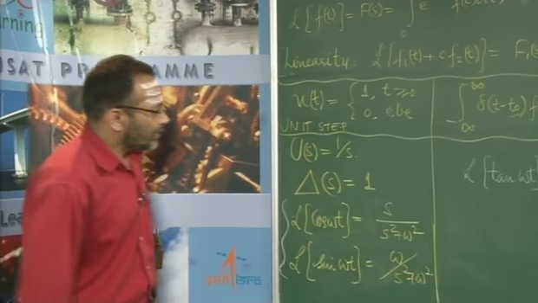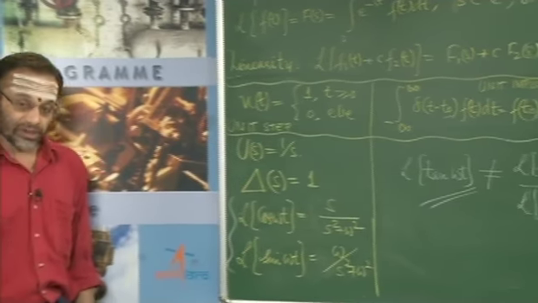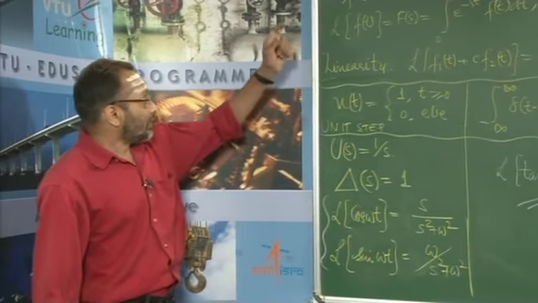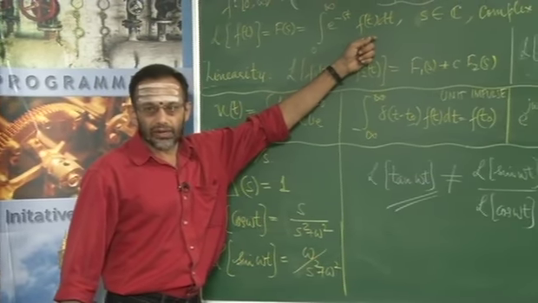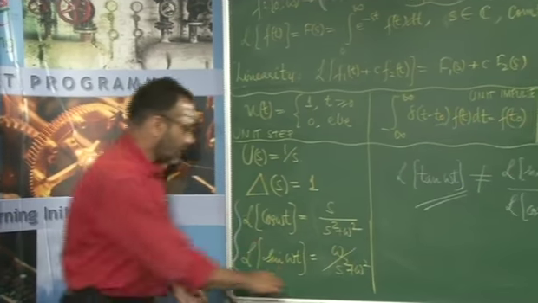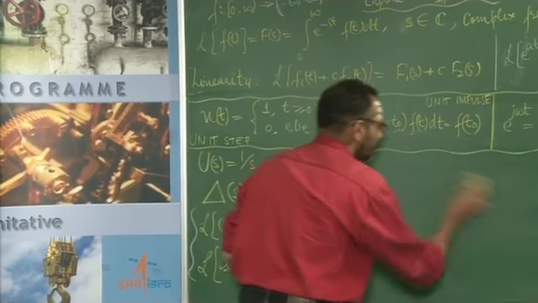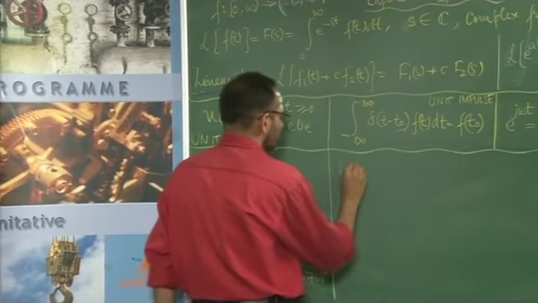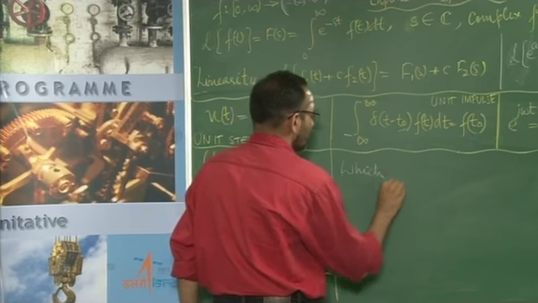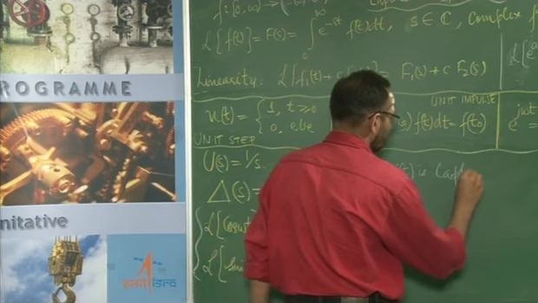Now, there is another important thing about the Laplace transform of this particular function, which is tan omega t, and that brings us to the question of what sorts of functions f of t are Laplace transformable.